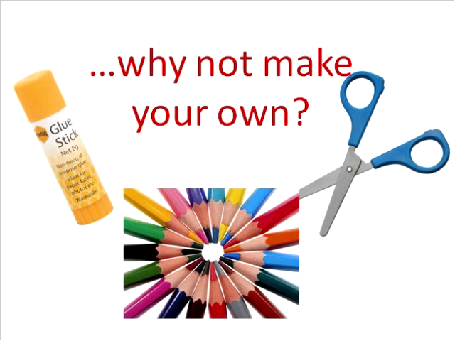And you will find that it will add to the fun factor if the kids make their own puppets. And remember, if they're having fun, they're learning. And it even becomes part of the whole learning process, because while they're making their puppets in groups, they should be using English as well. Pass the scissors, please. I need a brown pencil. It's all part of the learning process.